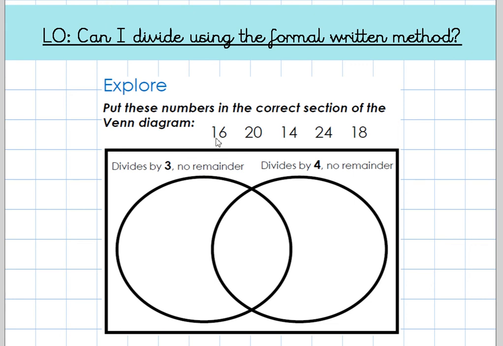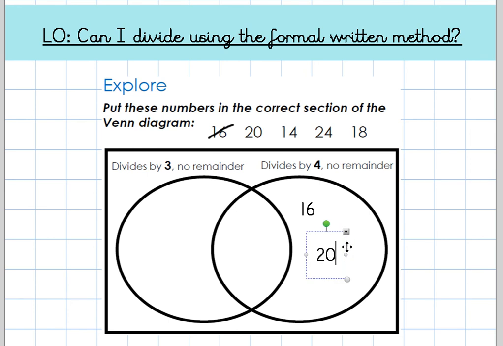Let's start with 16. We know that 16 is a multiple of 4, so I'm going to put that in the middle, but it's not a multiple of 3. I'm going to cross it out so I know I've used it. Then we've got 20. 20 is also a multiple of 4 because 20 divided by 4 is 5.